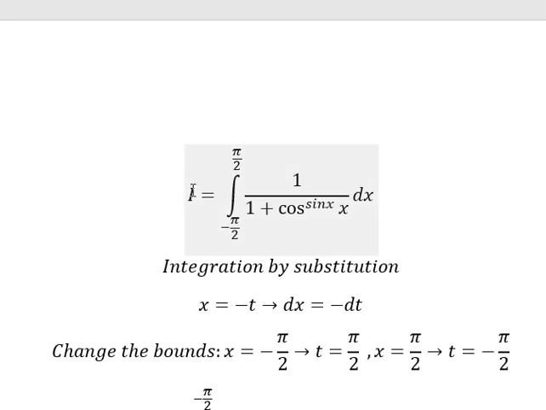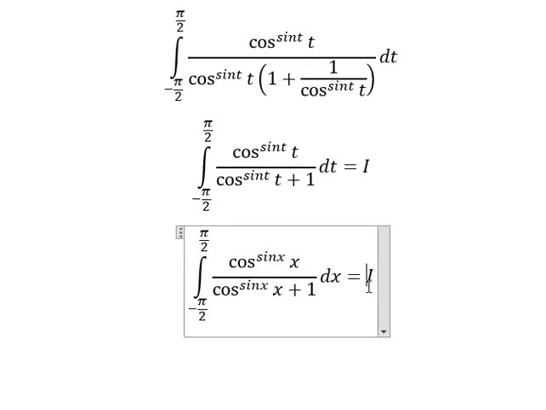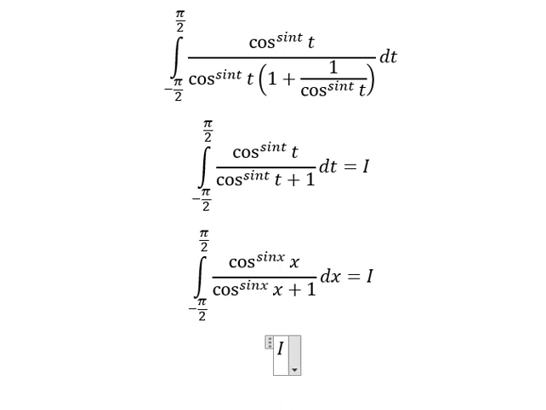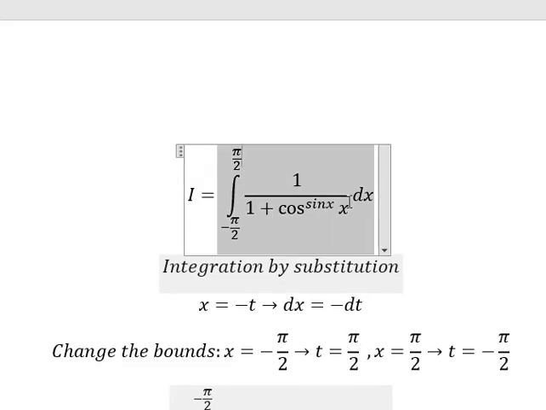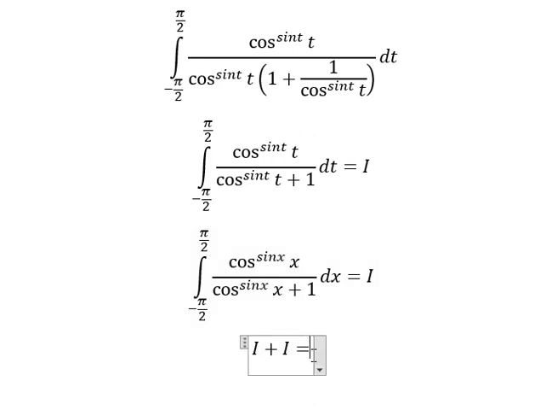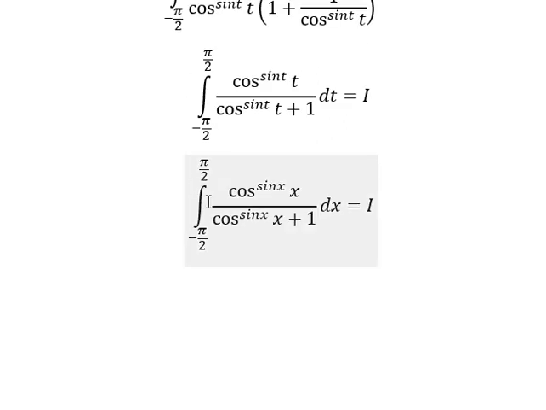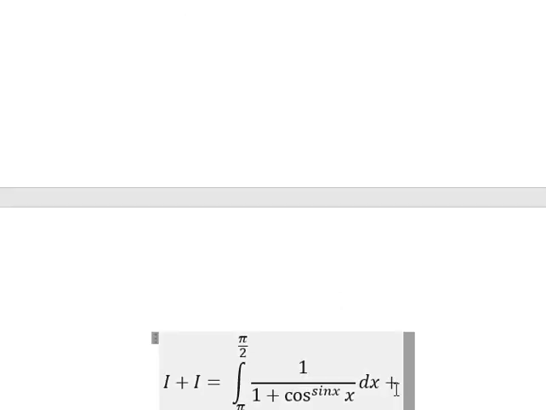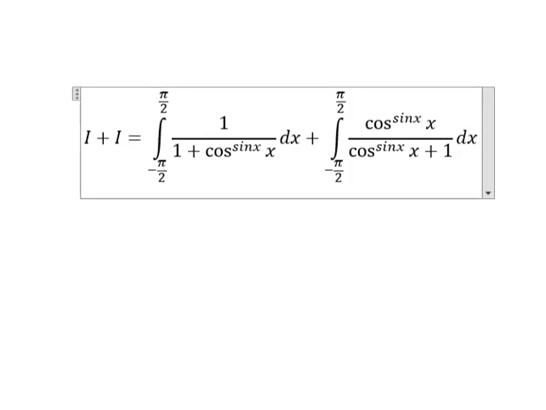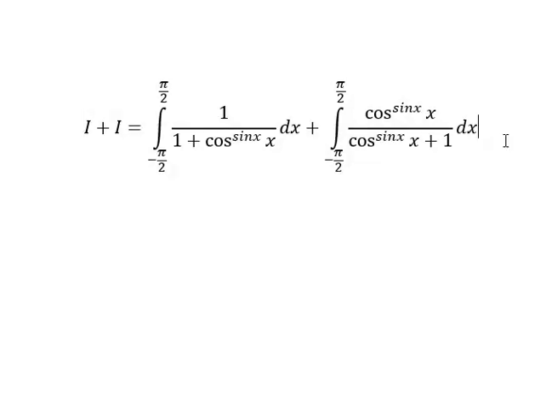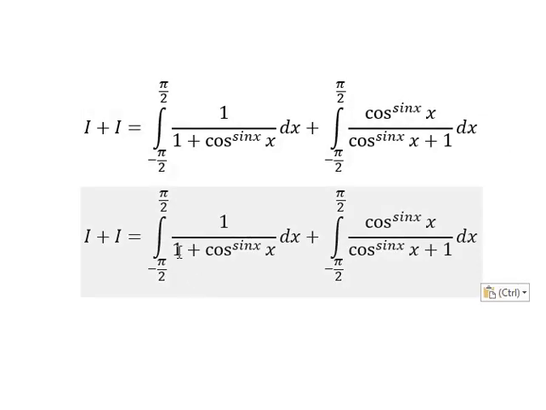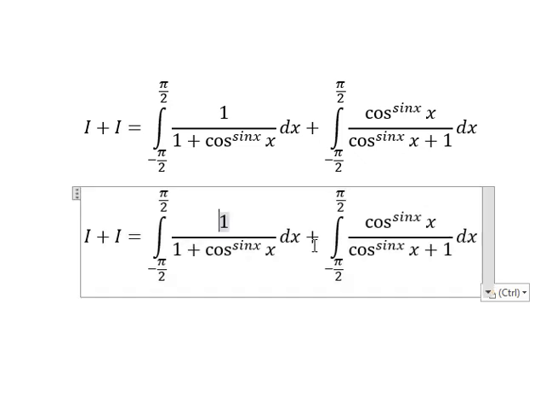So we have this one plus this one. Because we have the same common denominator, we add 1 plus this one.